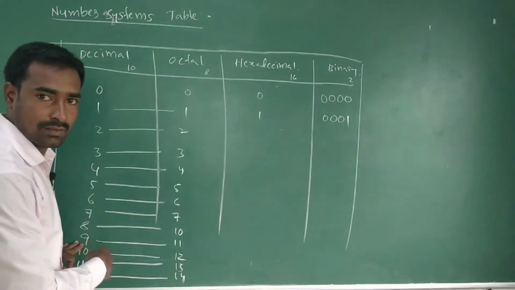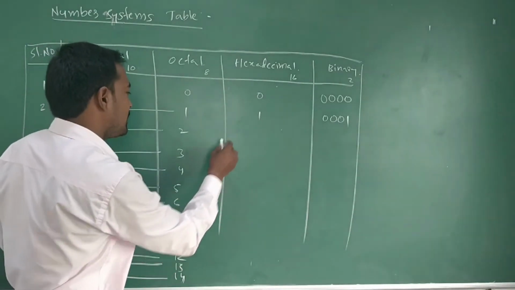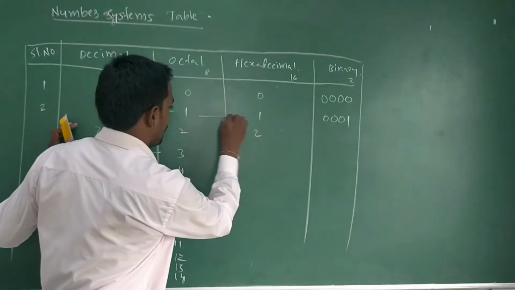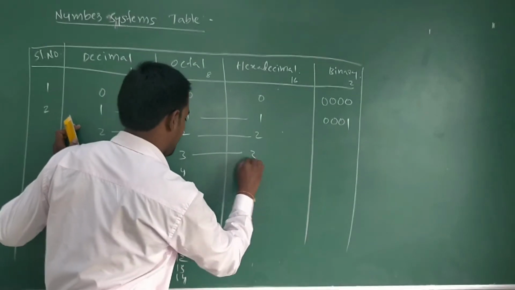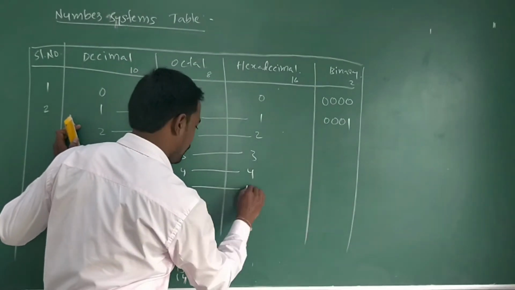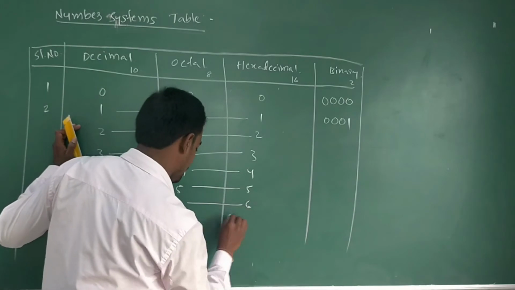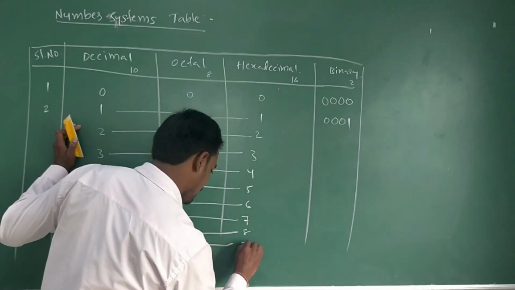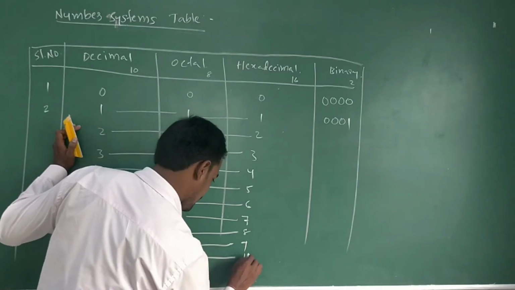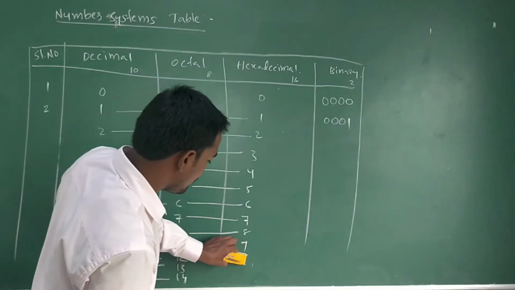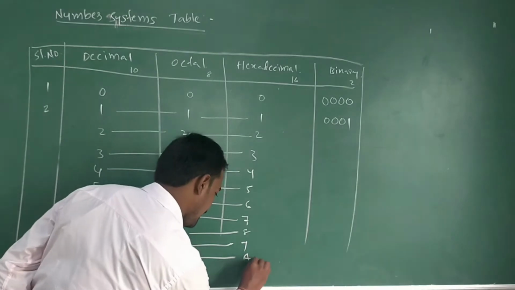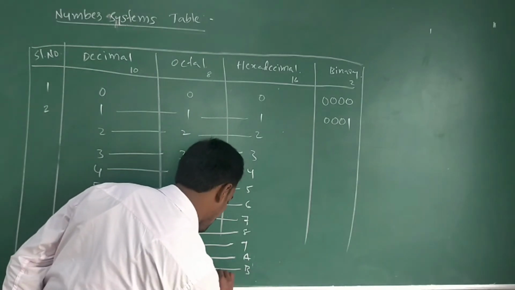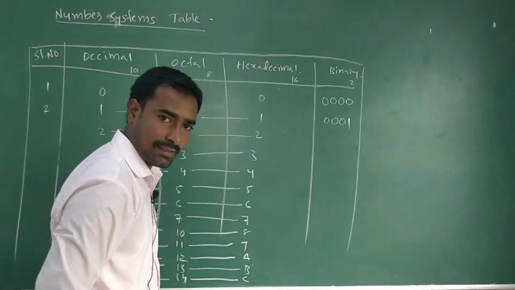Coming to the hexadecimal, we have 2 3 4 5 6 7 8 9, and then A, B and C.